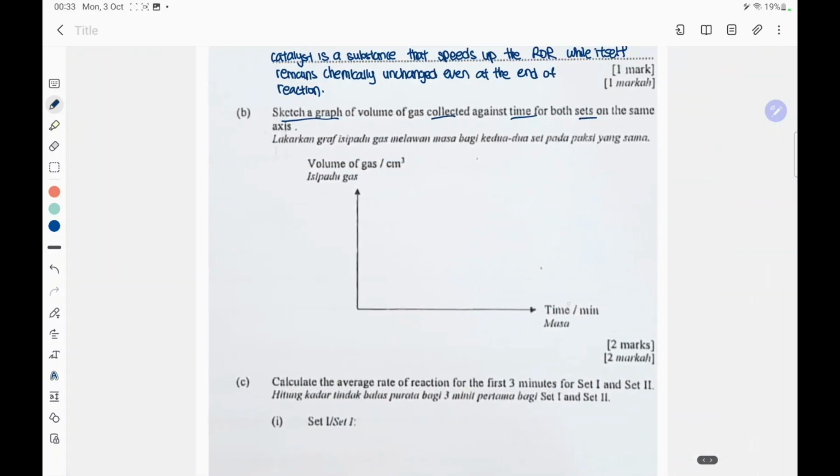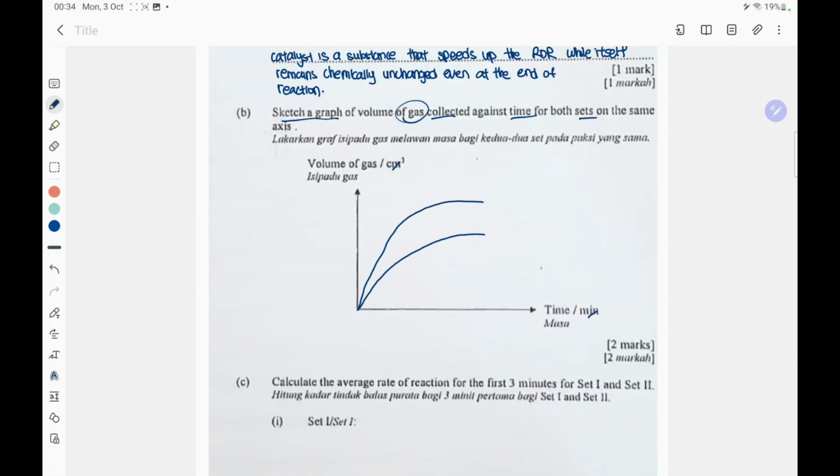The y-axis has cm cube, the x-axis has minutes. This one is the product graph, so the product is going to increase over time. This is your first graph. We all know one rate of reaction is higher than the other one, so we are going to sketch these two like this.